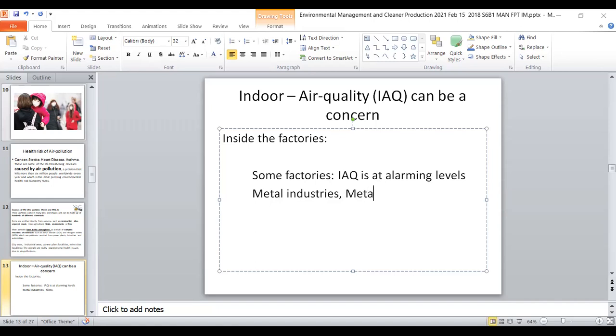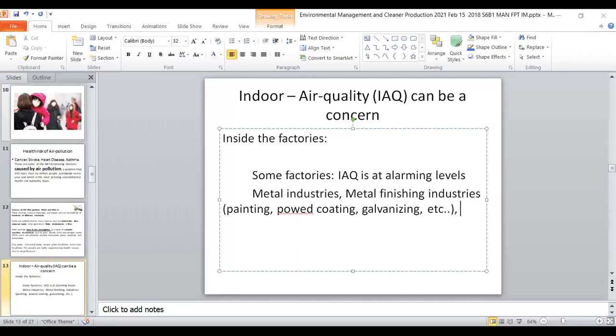Also, metal finishing industries. Metal finishing means painting, powder coating, galvanizing, etc. Printing industries.